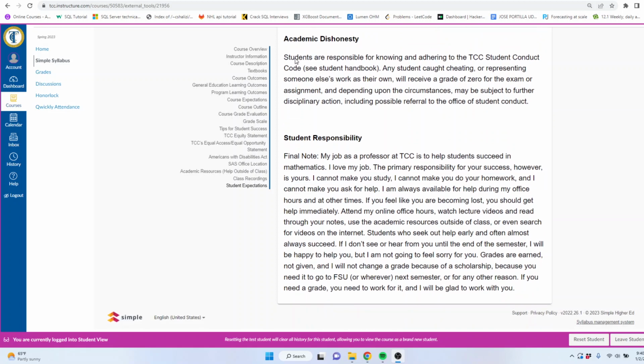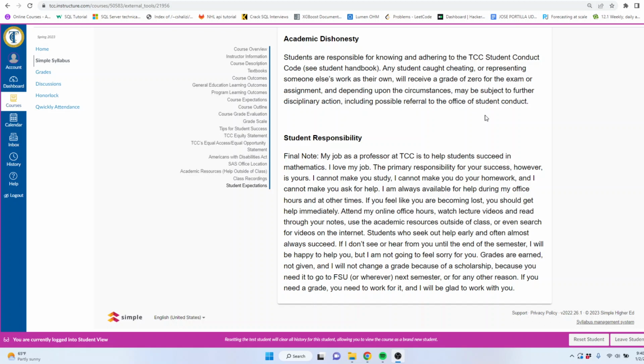And then the last 2 points, I guess, academic dishonesty. There's a code of conduct in the student handbook, which you should be given when you enroll in your first semester at TCC. You can also find it. But long story short, in this class you can really only cheat on the tests.